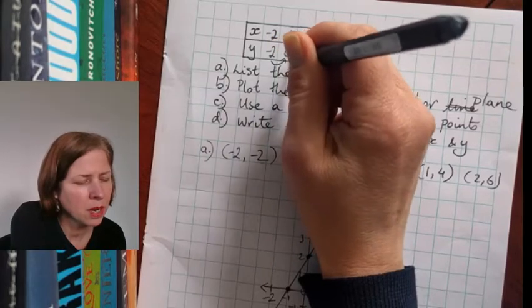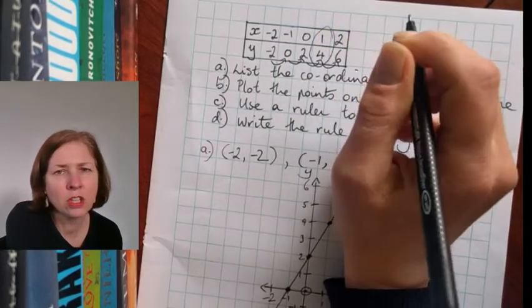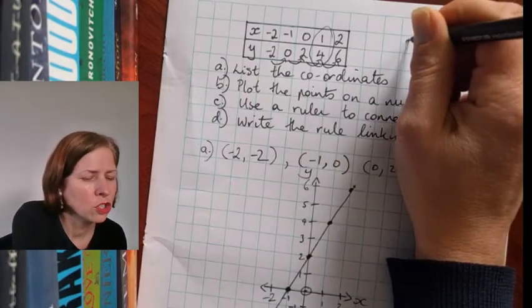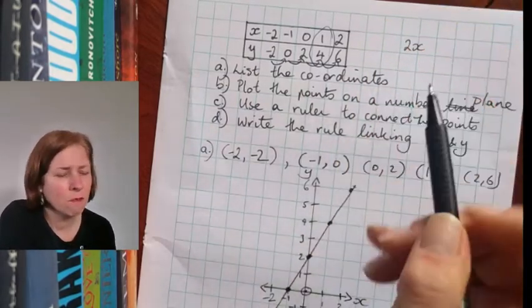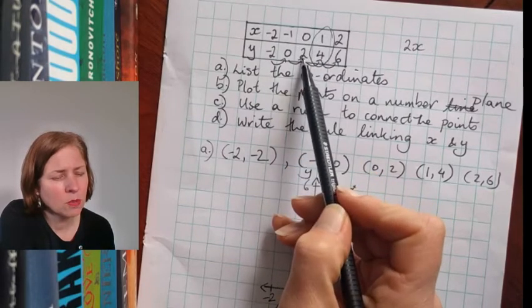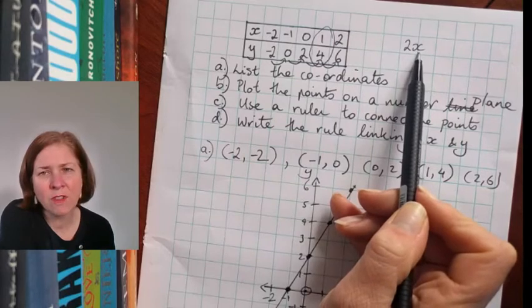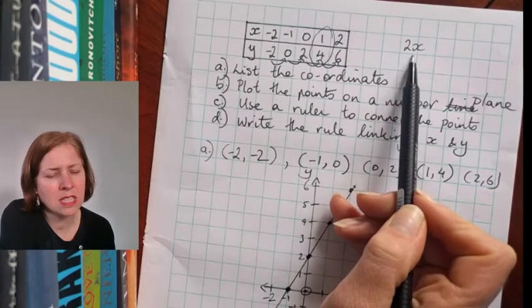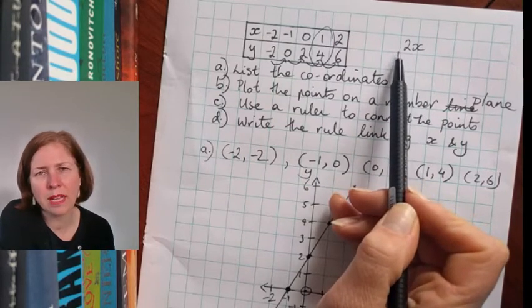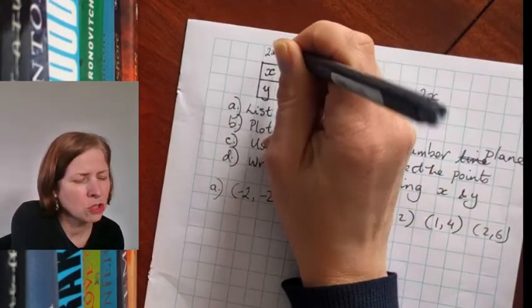I'm going up by 2's. And that gives me a clue that I'm going to have 2 times X. Every time I increase X by 1, I'm going to increase Y by 2. So if I increase this value by 1, then I have to double it to get what I get for Y.